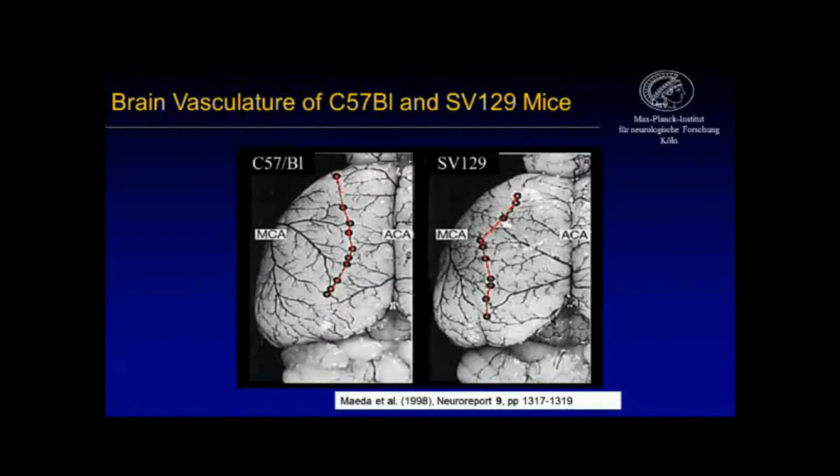We looked at the extension of the territory that is supplied by the middle cerebral artery, and we observed that in the C57 black 6 mice, this is a much larger territory, so it's a much larger region of the brain that is supplied by this vessel than in the SV129 mice.